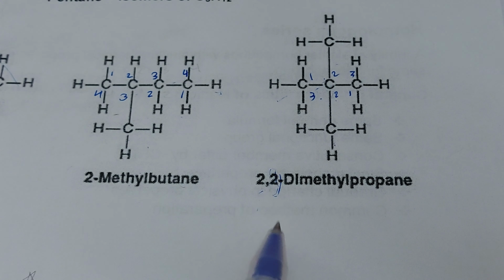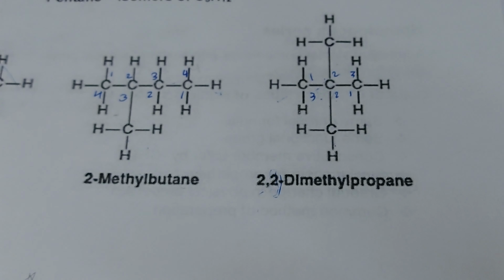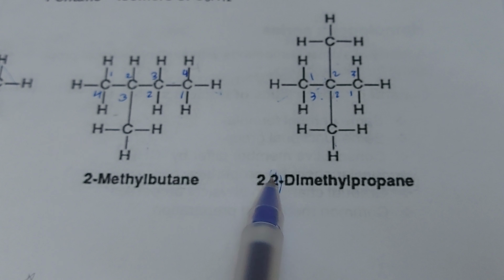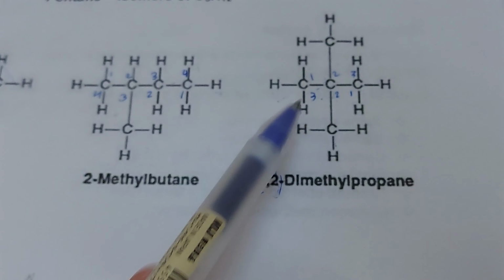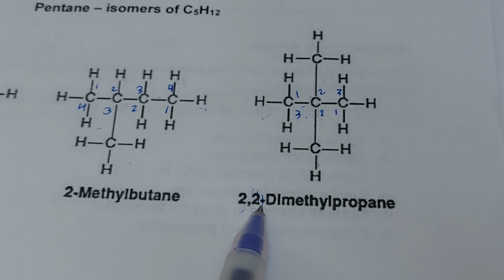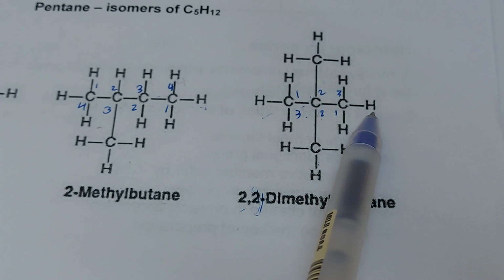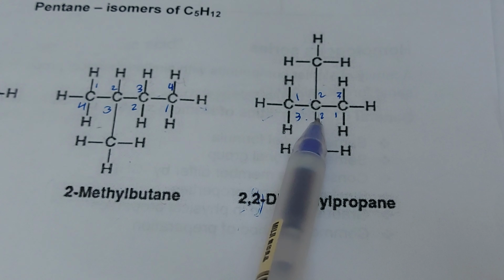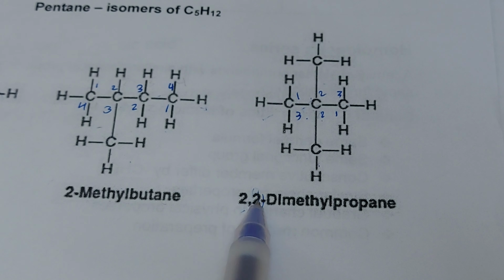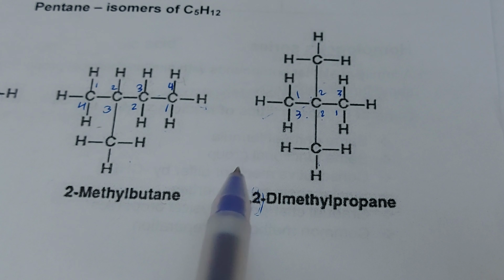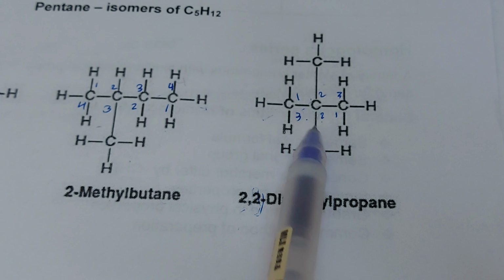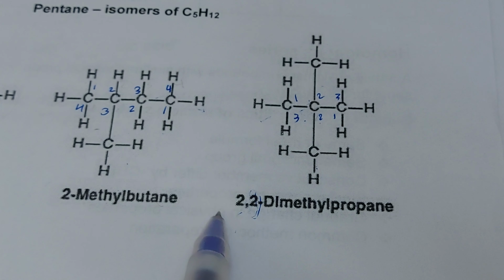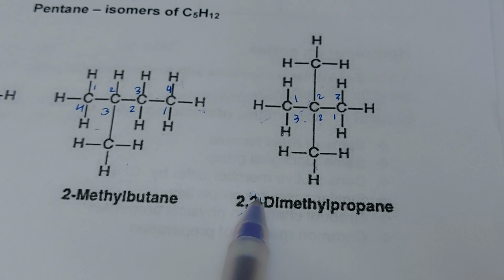So we've said here that the 2 before the little dash is the position that the branches are on. So this 2 here represents which carbon atom it is on. So it is on the second carbon atom of the main chain, and this number here, the first 2, is the number of branches on that carbon. So there are 2 branches here, so it is 2, comma, and then 2, dash.